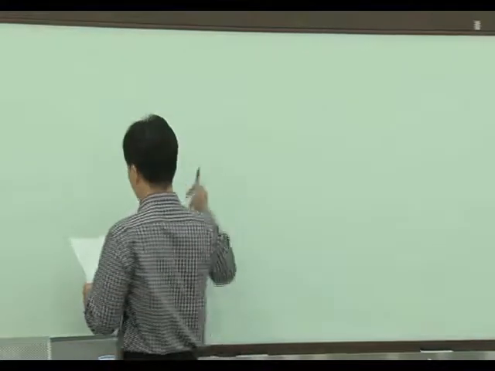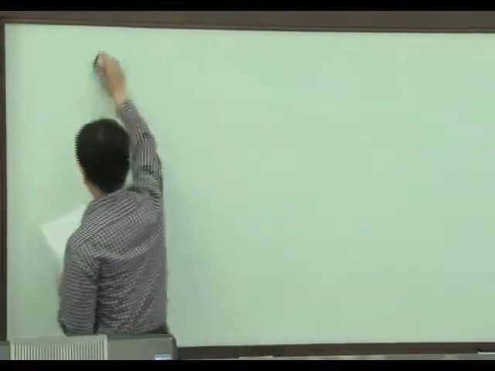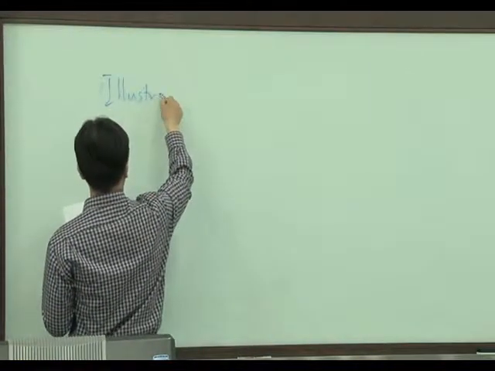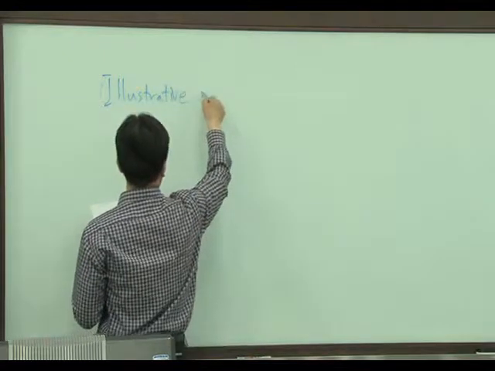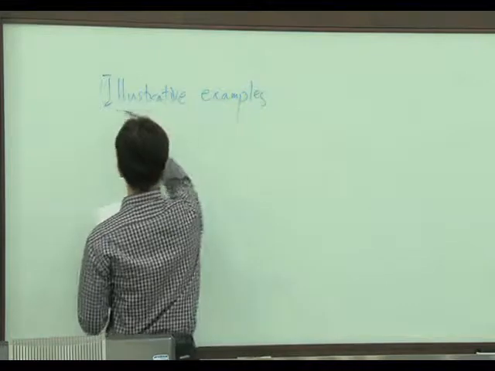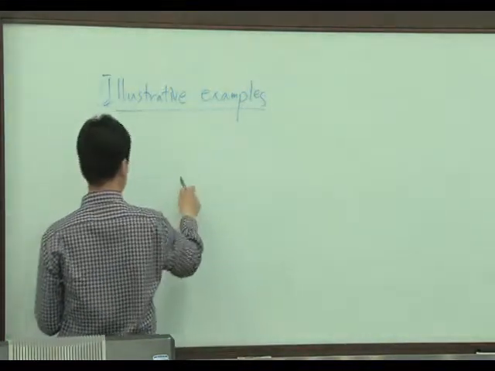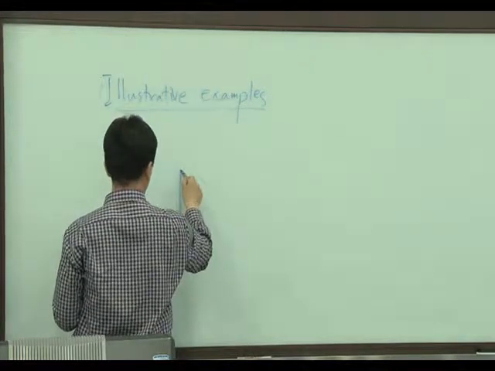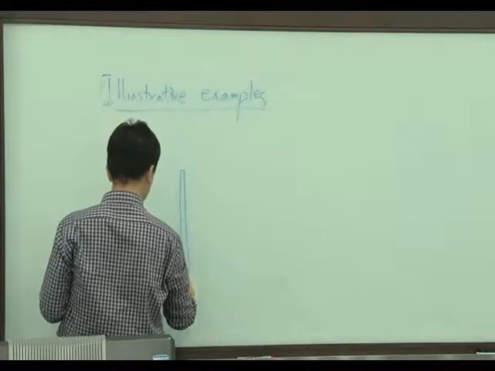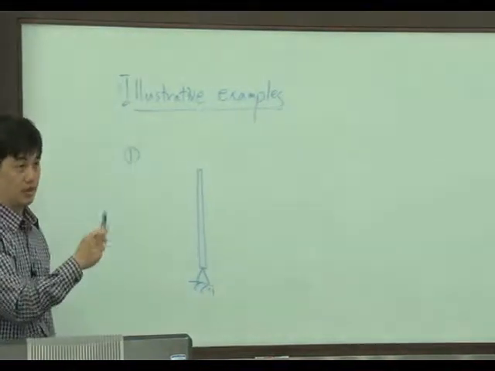Okay, so I'd like to say an illustrative example. First, let's consider a bar. This is a rigid bar, and here we have a hinge, so this bar can rotate.